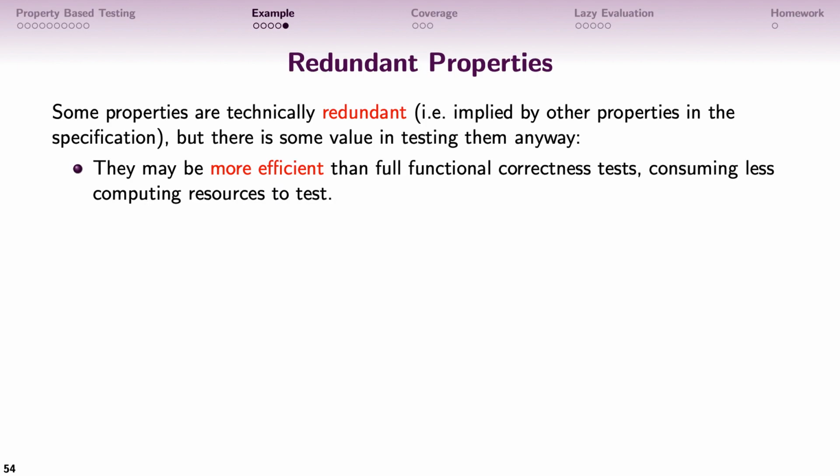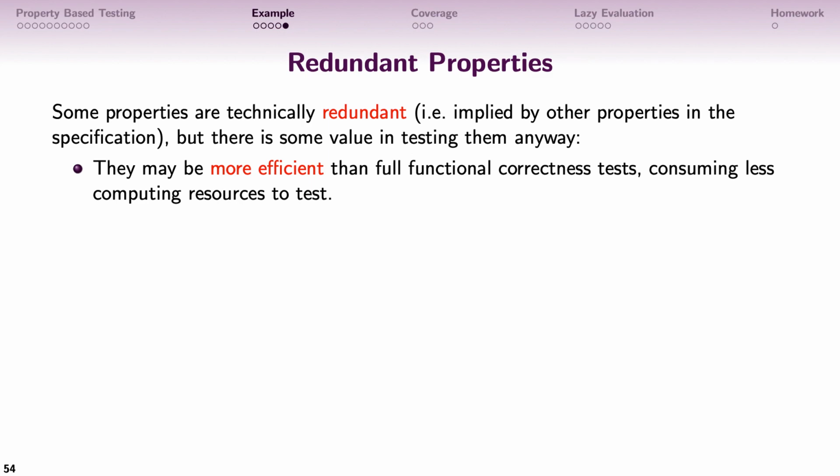Okay. So, in addition to testing our intuitions, they can also be more efficient than the full functional correctness tests, right? For example, a very easy property to check about sorting would be that the lengths of the lists are the same.